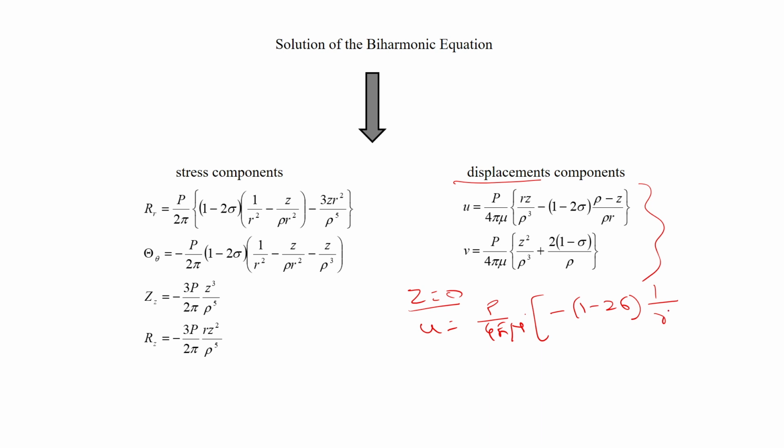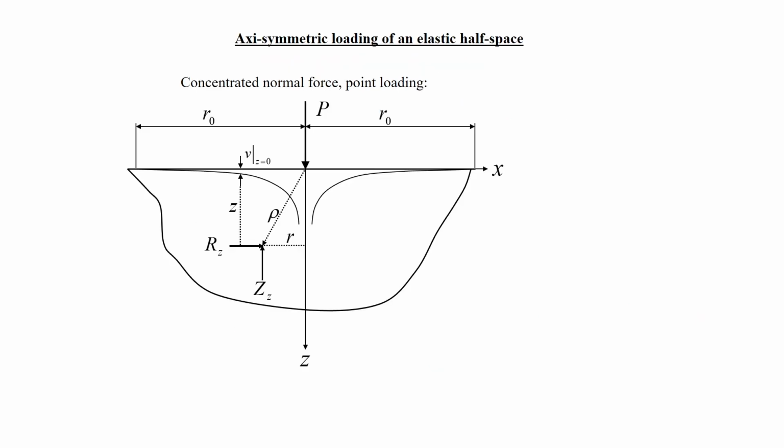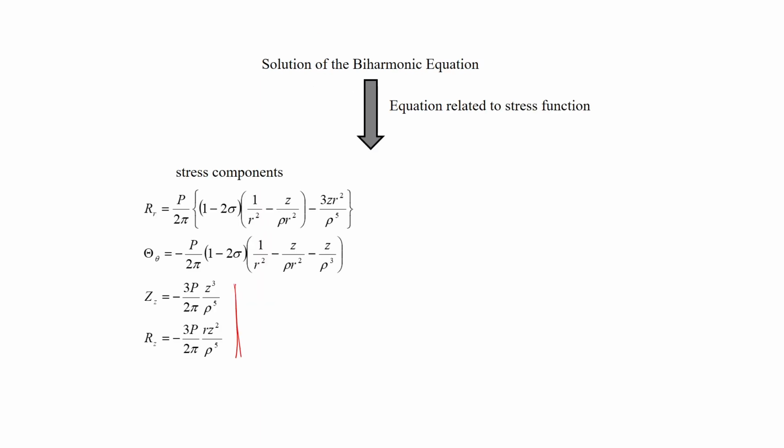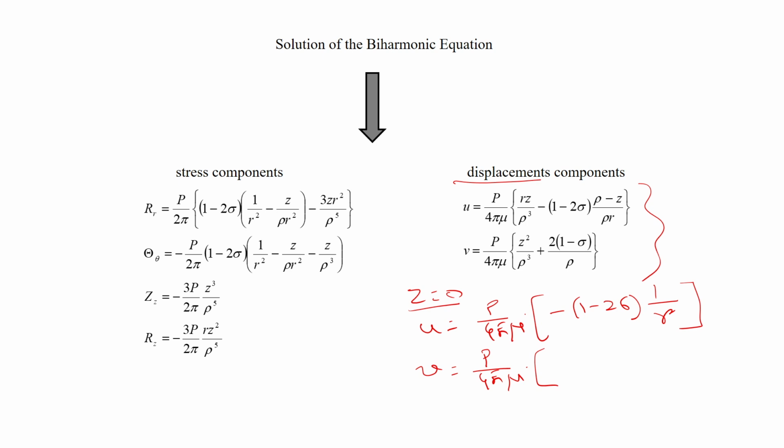So, it is 1 upon r, like that, and v will be equal to capital P by 4 pi mu, and z is equal to 0 here. We do not worry about it, and rho will become equal to r, because if this particular point goes to the surface, then rho will be equal to r here, and therefore over here it will be 2 into (1 minus sigma) by r.